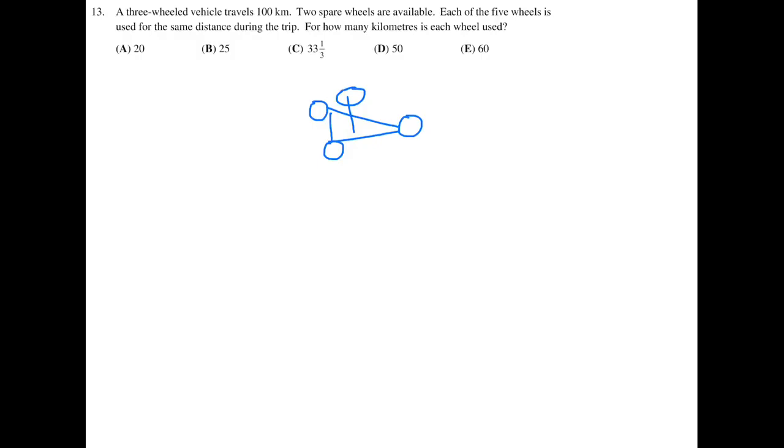it's got 3 wheels. And initially you've got, let's call the 5 wheels A, B, C, D, and E. All right? Because they tell you there's 5 wheels. There's 3 wheels on the vehicle and 2 spares. So let's say initially you've got A, B, and C as your 3 wheels that are on the vehicle.